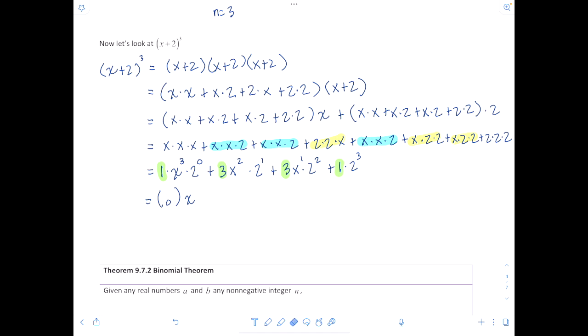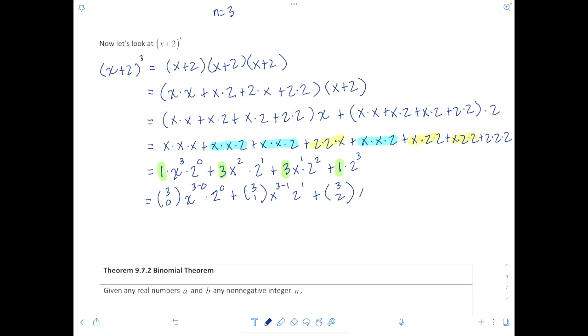Well, we'll do it in terms of 3, sorry. 3 choose 0, x to the 3 minus 0 times 2 to the 0, plus 3 choose 1, which is 3, x to the 3 minus 1, 2 to the 1, plus 3 choose 2, which is 3, right?